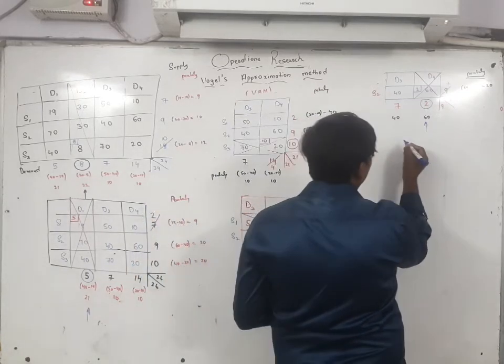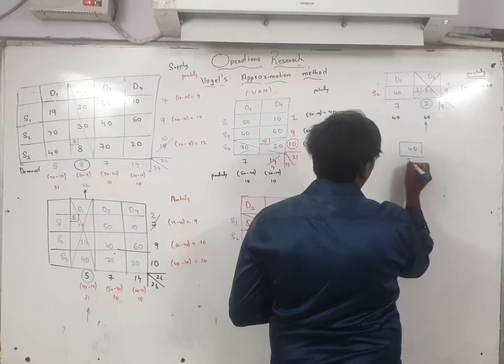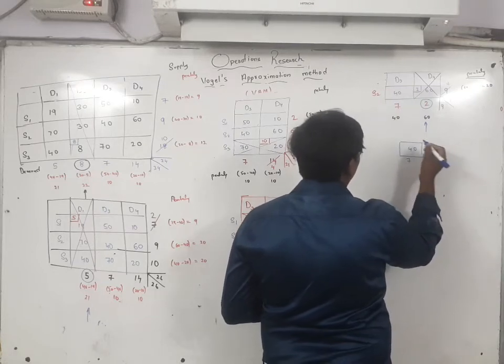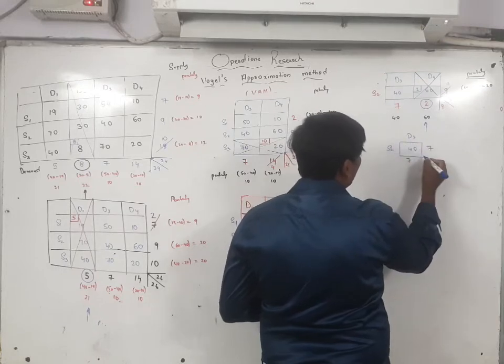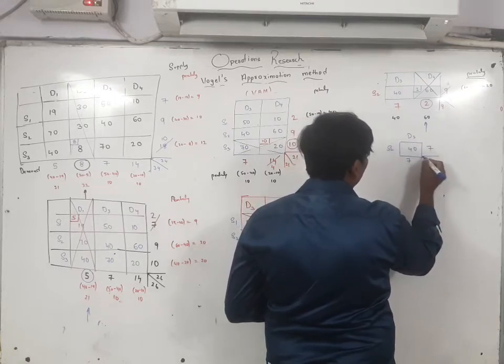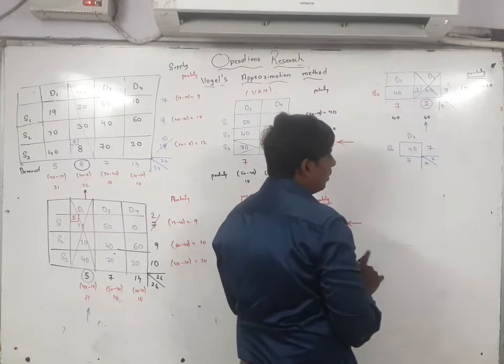Next, after that only one term is remaining. What is that term? 40. Here 7 is there, and this side also 7 is there. This one is known as D3, and this one is known as S2. What is the value here? 7. What is the value here? 7.